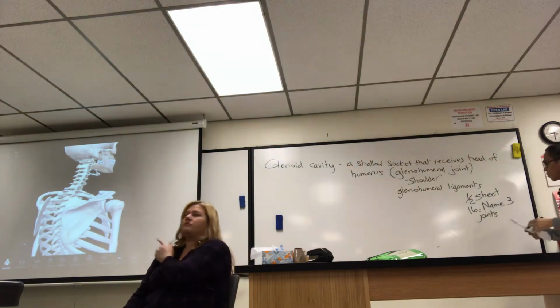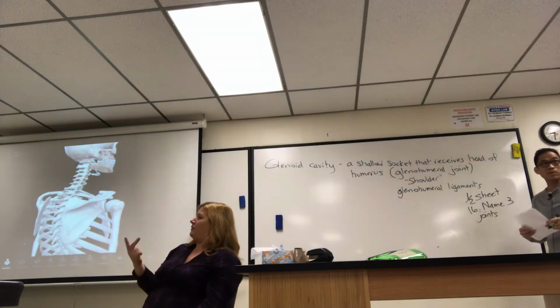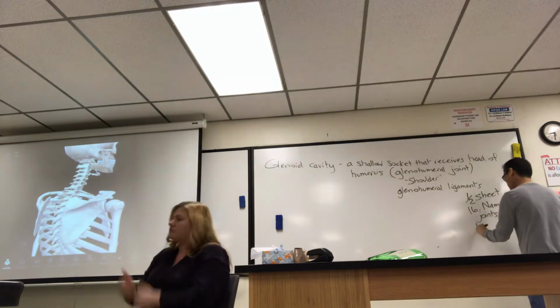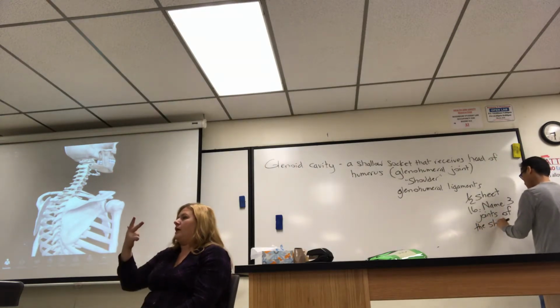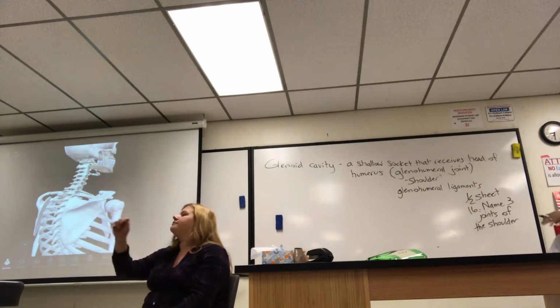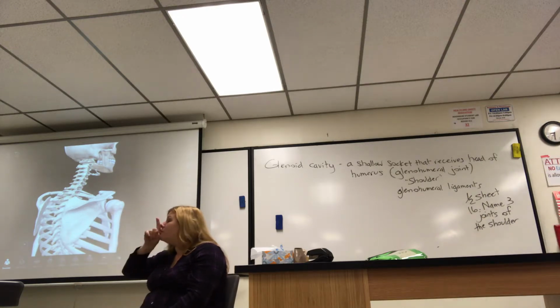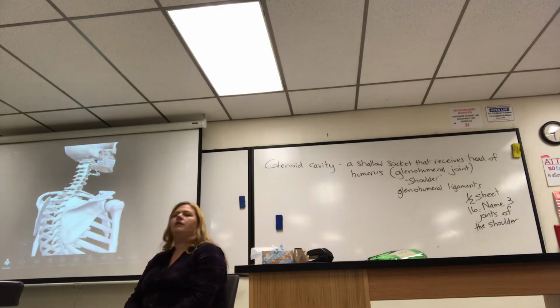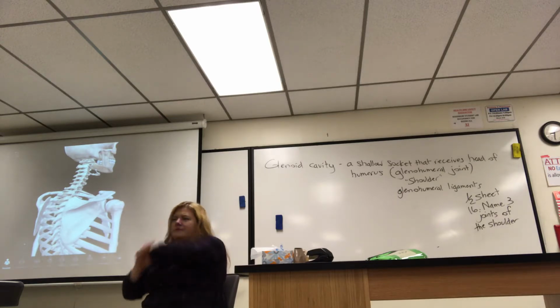If you're wondering what the three are, talk about it with your neighbor. Look at your notes. They're there. Don't even name the ligaments. Just name the joints. Three of them.